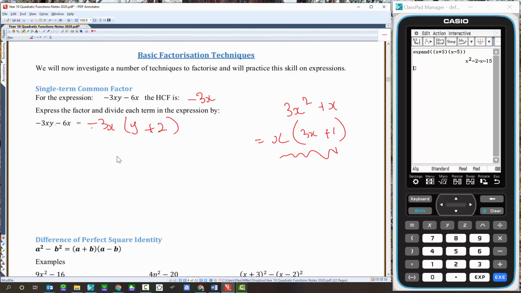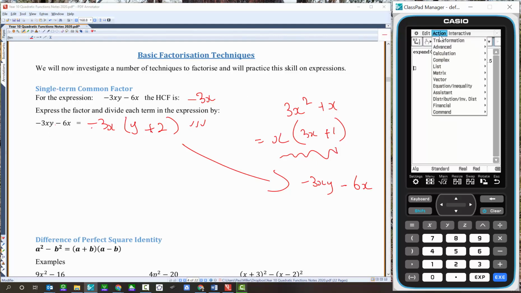The answer is 2. And what you could do somewhere on the page is double check that you've done that right by just expanding it. Negative 3xy take 6x. It's correct. Another way you can check it is by going to Action, Transform, Factor, and there are 2 types of factors.